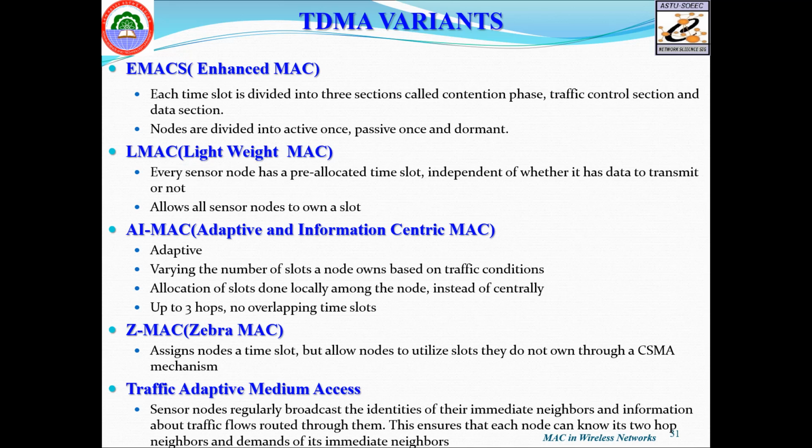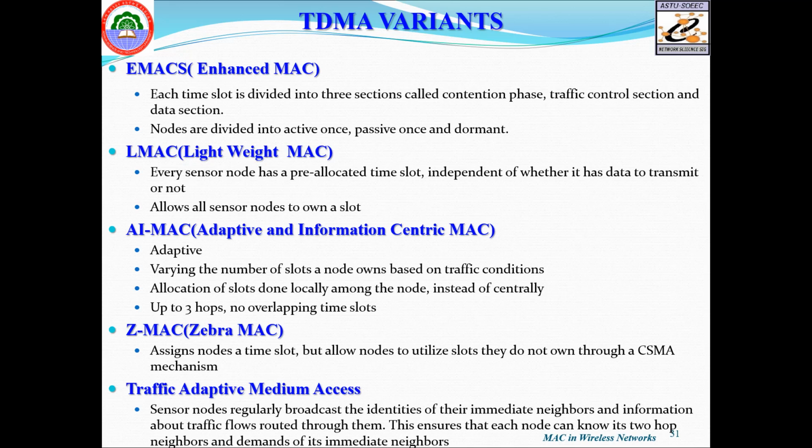The next is called ZMAC, Zebra MAC, which assigns the sensor nodes a time slot, just like in a TDMA variant. But along with that, it allows the nodes to utilize slots that they do not own through the CSMA mechanism. This is probably the reason it is known as Zebra MAC, because of the zebra kind of approach.